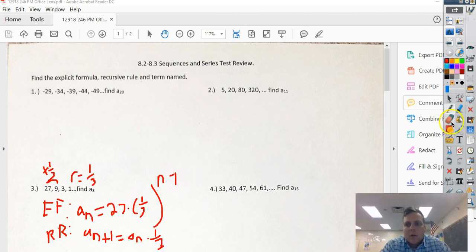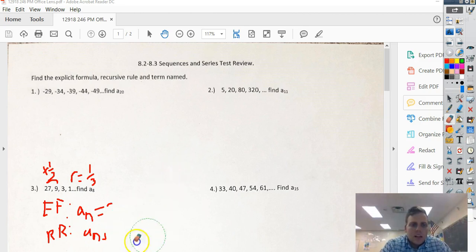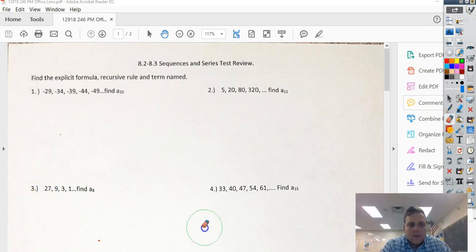Okay, so now we need to find the 8th term. The 8th term can just be found by using our explicit formula. Hopefully you wrote it down, because I just have it in my memory: 27 times 1/3 raised to the n minus 1. So in this case, 8 minus 1.